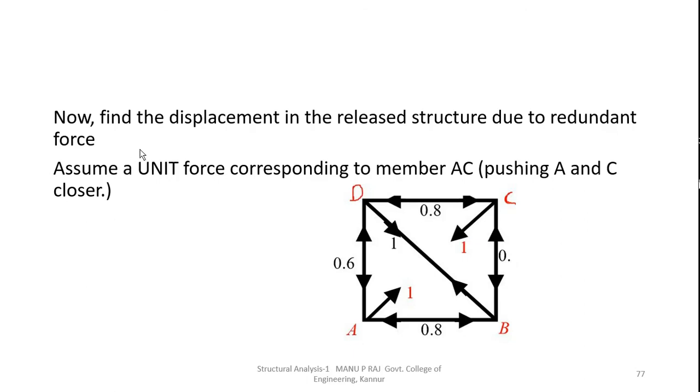Now we are drawing the released structure with unit load only, in this member AC. Now find the displacement of the released structure due to the redundant force. For that you will assume a unit force corresponding to member AC.